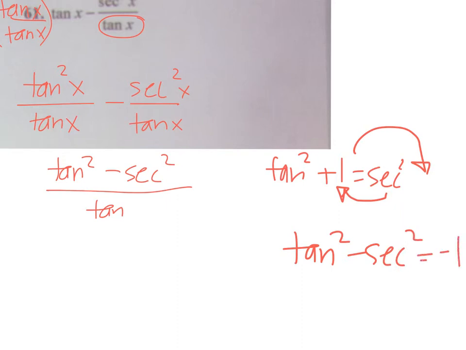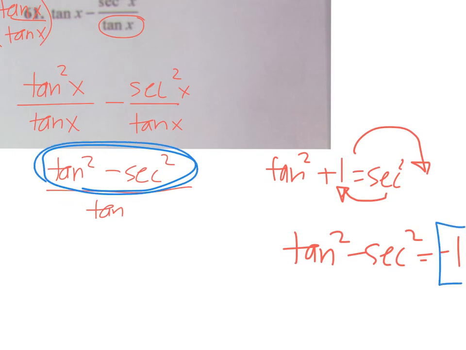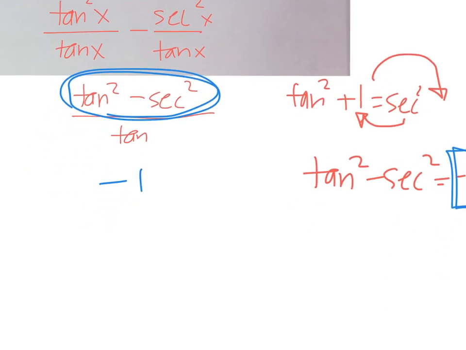That's a little manipulation of that Pythagorean identity. So instead of tan squared minus secant squared, I can have a -1, with the same denominator as before, -1 over the tangent.